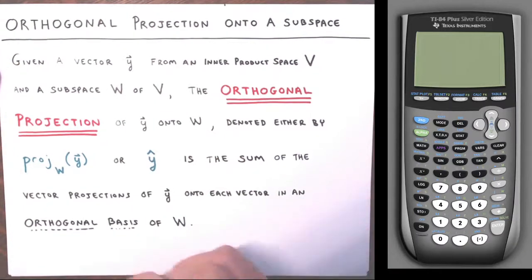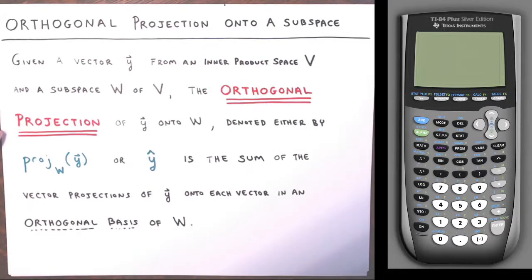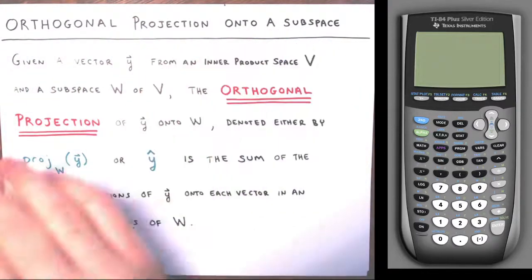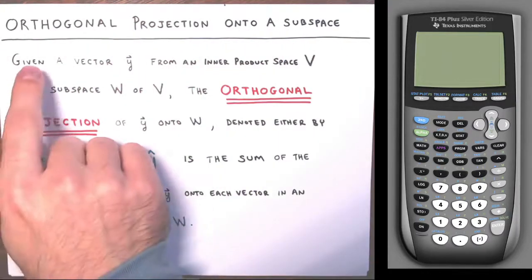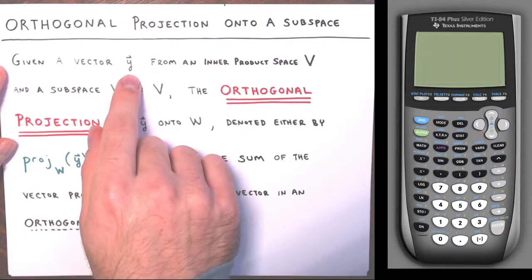Right. So here's my first new page. This hasn't been in any previous videos. So what is the orthogonal projection of a vector onto a subspace? So suppose we're given a vector, say vector Y or V, whatever you want to call it. I'm calling it Y here.